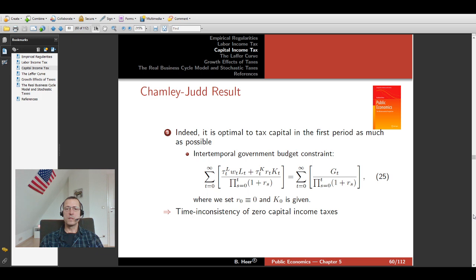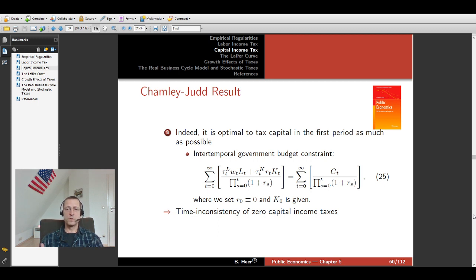So the government may run temporary deficits and accumulate debt, or even run surpluses and accumulate savings, from which it pays future government consumption. If this kind of intertemporal government budget constraint is admissible, then we find that it should be optimal to tax as much capital revenues as possible in the first period, and then set the capital income tax rates to 0 afterwards. So why is this the case?